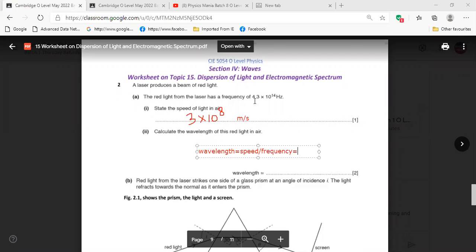You wrote somehow mistakenly. When you are dividing, you write a bracket here, then 4.3 into 10 to the power 14, you close the bracket, then you see what is coming.